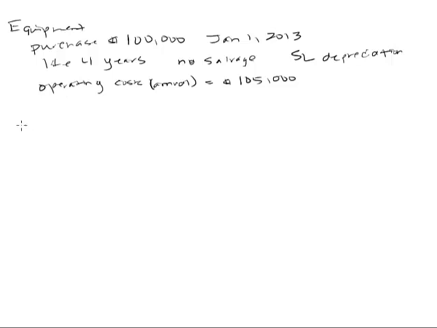So let's say that we're looking at replacing it with some new equipment. And let's look at some information with the new equipment. Supposedly this new equipment will save us $30,000 in those operating costs, again, annually.